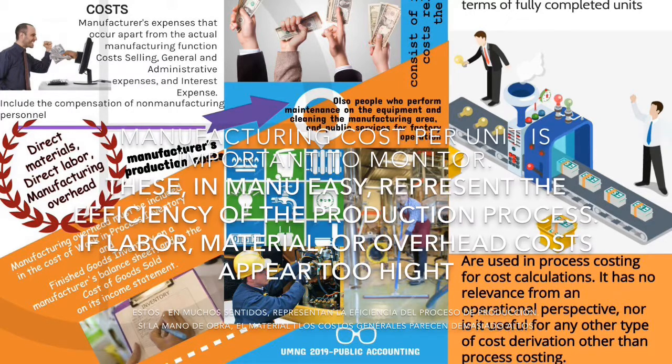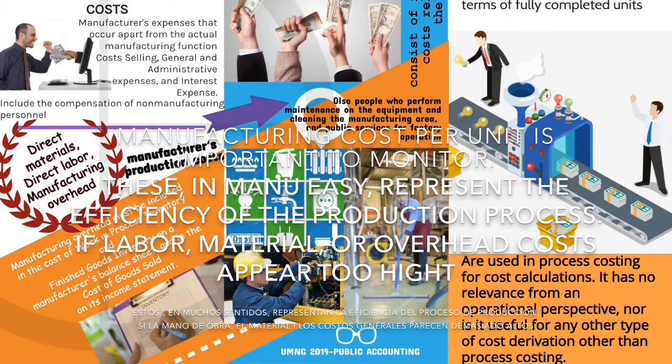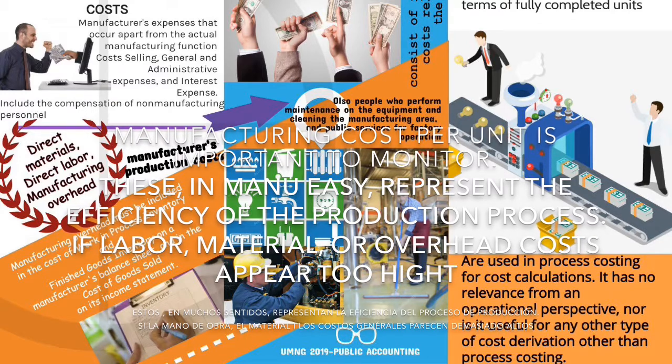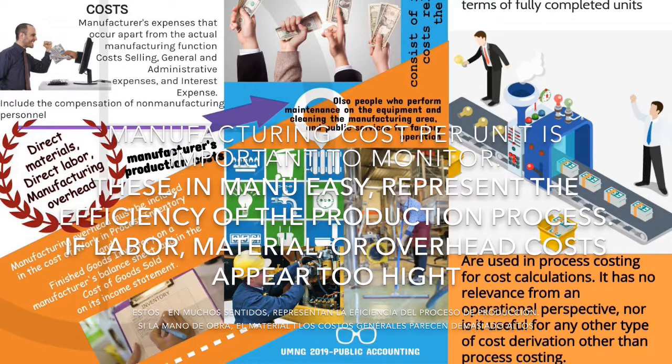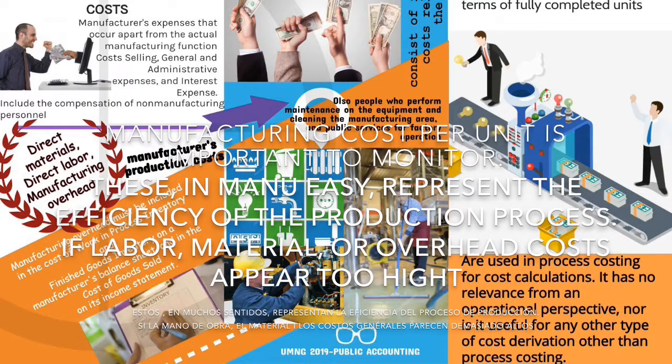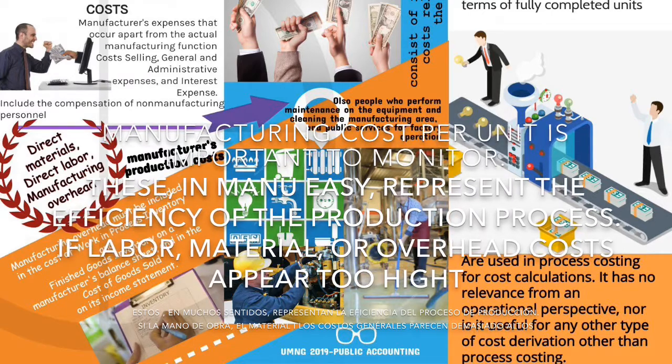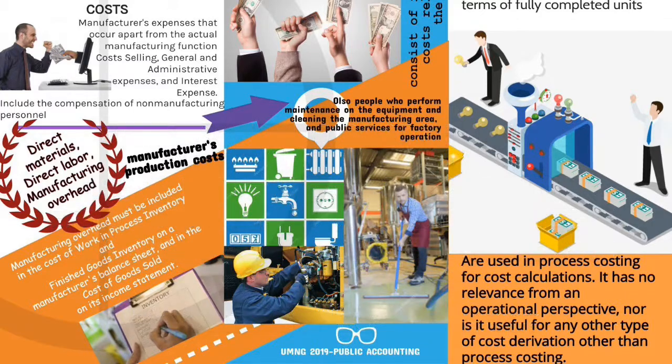Manufacturing cost per unit is important to monitor. In many ways, it represents the efficiency of the production process. If labor, material, or overhead costs appear too high, then action must be taken.